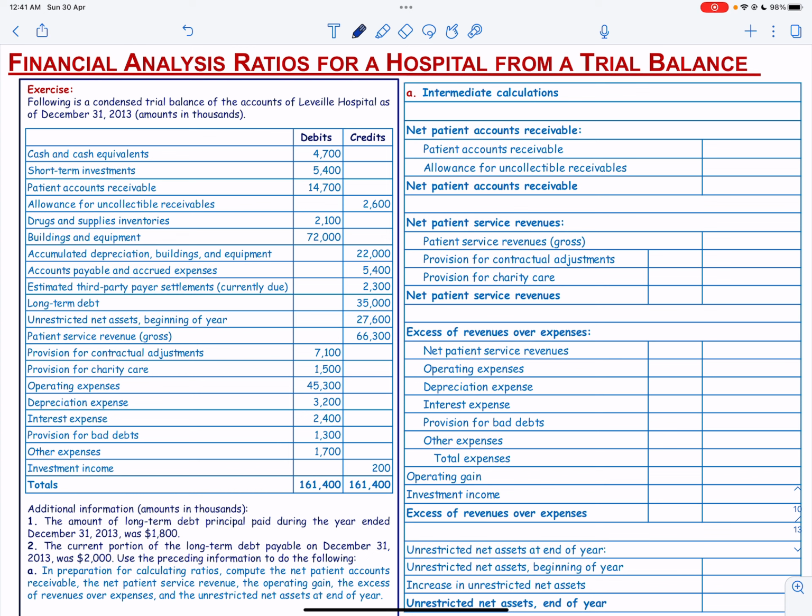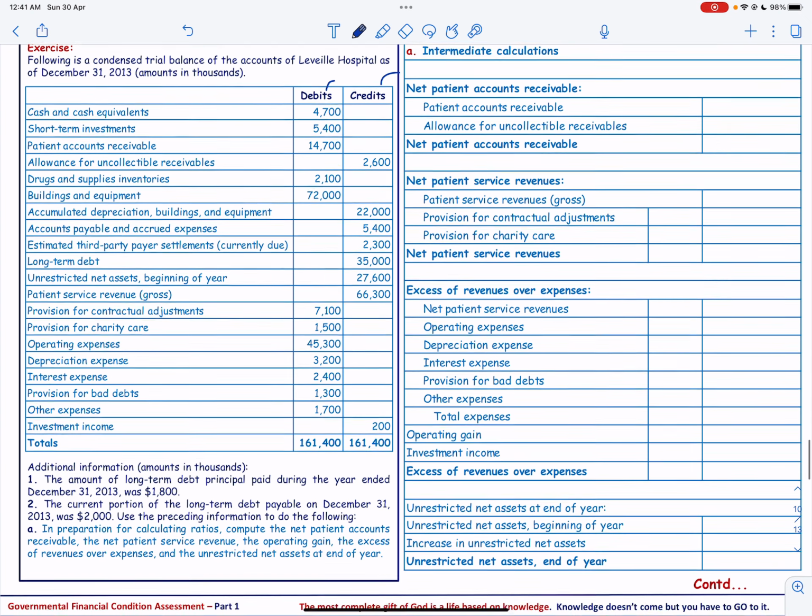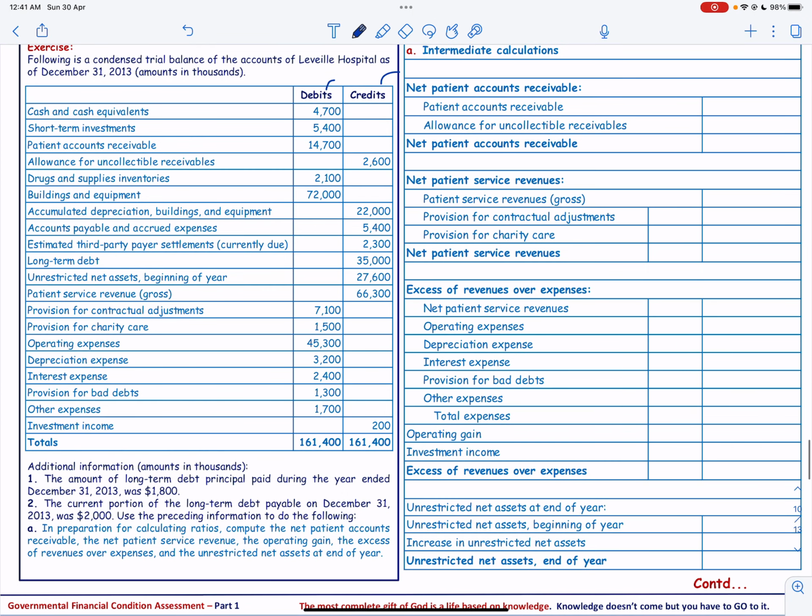Okay. So following is the condensed trial balance. We have the debit column and we have the credit column and we have all the accounts over here. You can see that the question is long, so I'm not able to put it on one page.